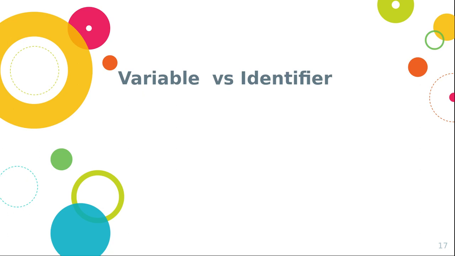So it won't be an exaggeration to say that all variables are identifiers. It means you can say a variable is a subset of an identifier. But an identifier should not resemble a keyword because keywords are predefined. Similarly, two or more variables should not have the same name.